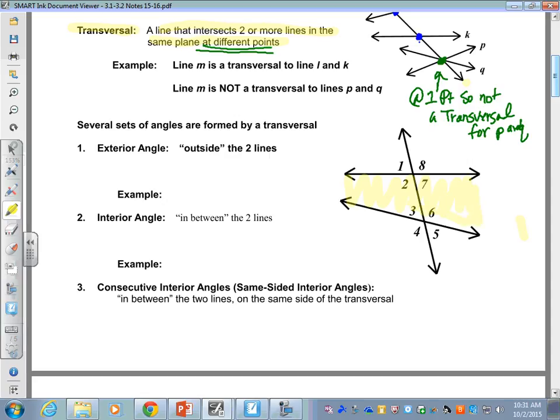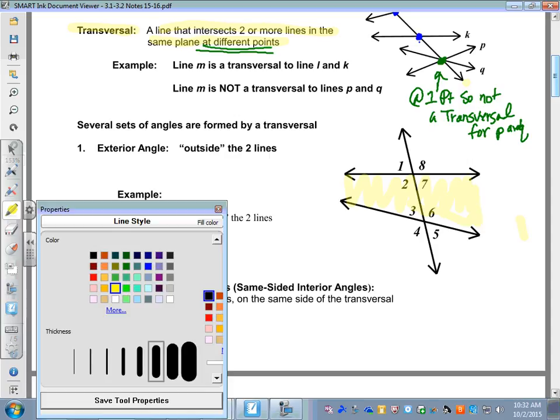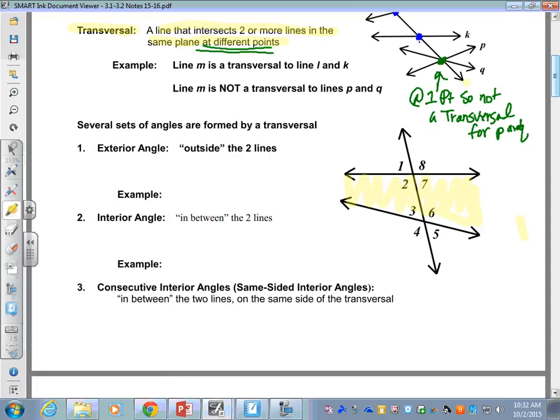And I'm going to highlight my exterior, if it'll come out a different color. Let's try that. Okay, so we know that we have the interior and the exterior.